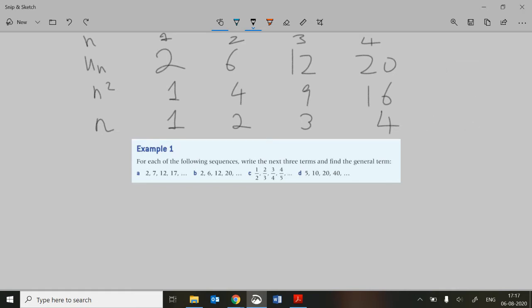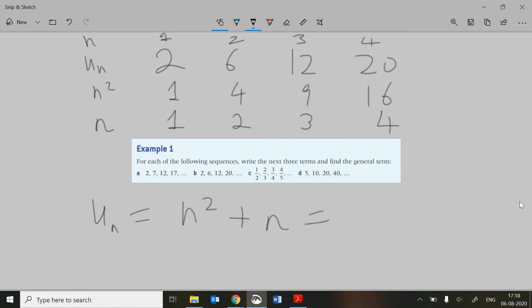I knew to take away n squared because I saw that the second difference of this sequence was 2, just like the sequence of n squared. So I knew this had something to do with the quadratic sequence. So I took away the n squared, and now I realize that my formula UN is comprised of both n squared and n.